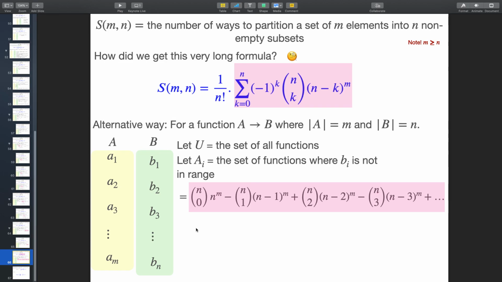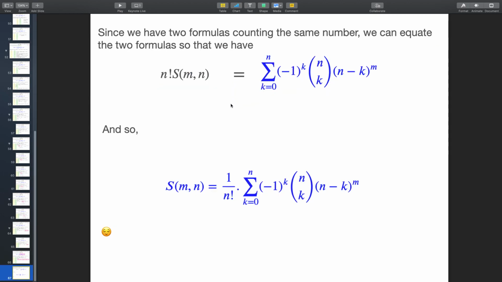So, we are able to present two formulas for counting the number of surjective functions. And we can equate these two formulas, right? So that in order to get an equation for the Stirling numbers of the second kind, bali ito, ilipat lang natin sa kabila. Divide both sides by 1 over n factorial, and we'll have this. Wow.